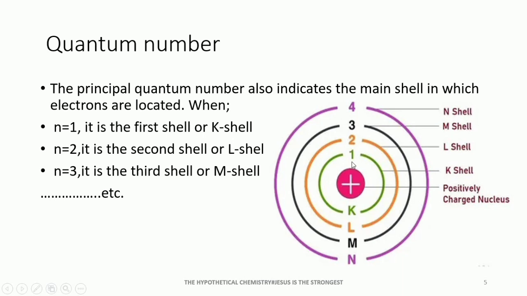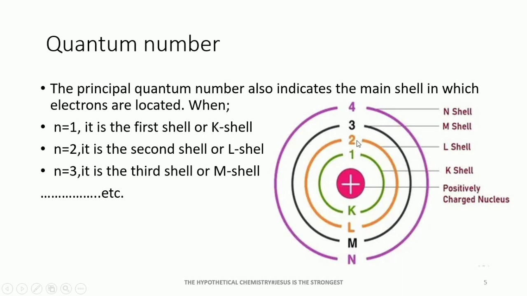Now, the principal quantum number also indicates the main shell in which electrons are located. So, as we learned on the previous slide, n represents the principal quantum number. When n is equal to 1, we are talking about the first shell, which is also known as the K shell.